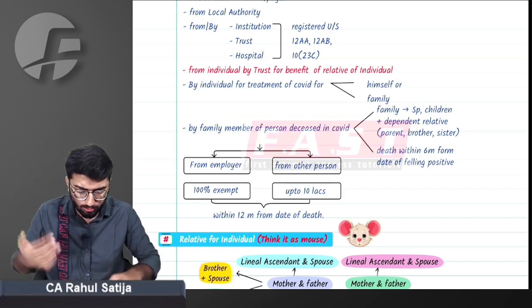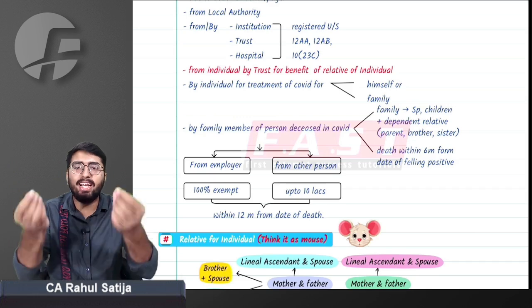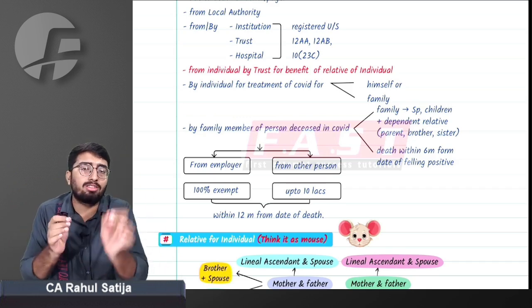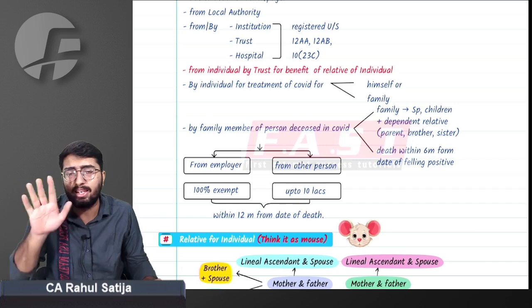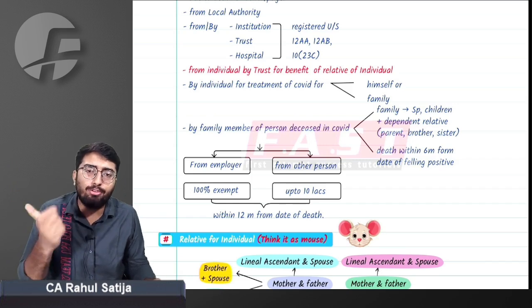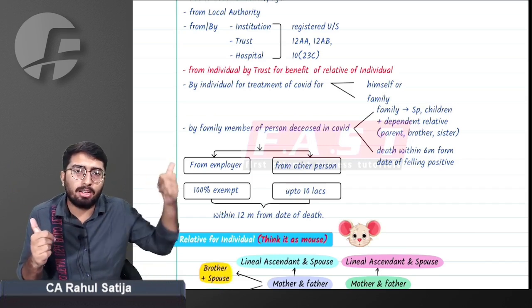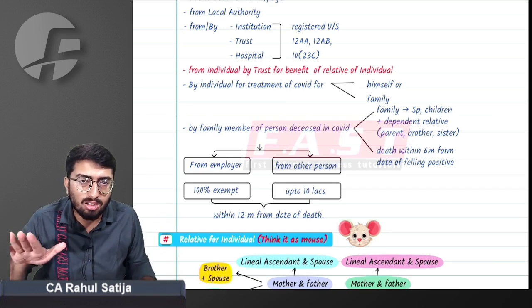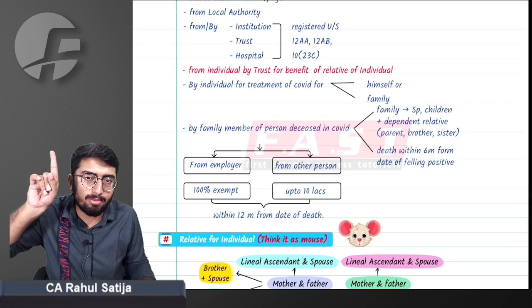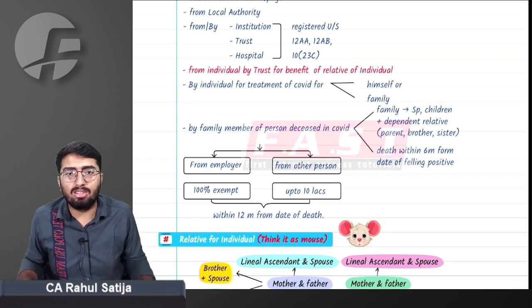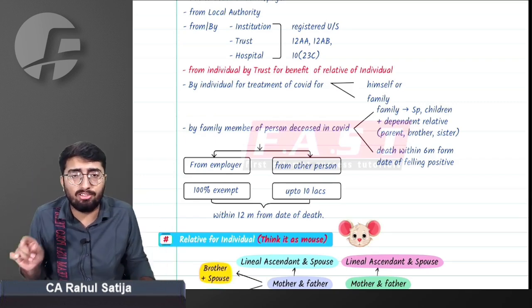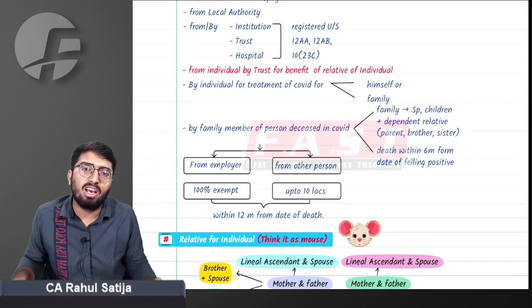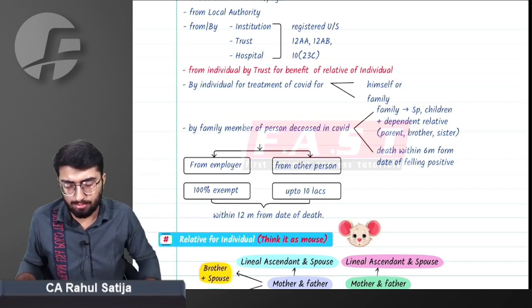What I have said, just focus here. Any kind of money received by the family members of a person who is deceased in COVID-19 will be exempt. But received from employer always exempt, received from any other person exempt to the extent of 10 lakh rupees only. Death must have occurred within 6 months from the date of being COVID-19 positive, and ex gratia must have been received within 12 months from the date of death. That has to be taken care of.